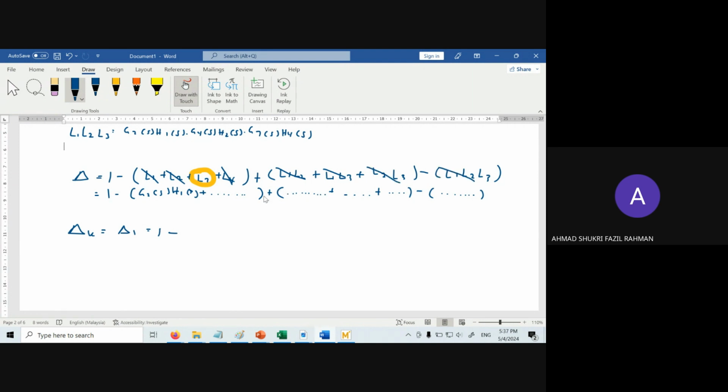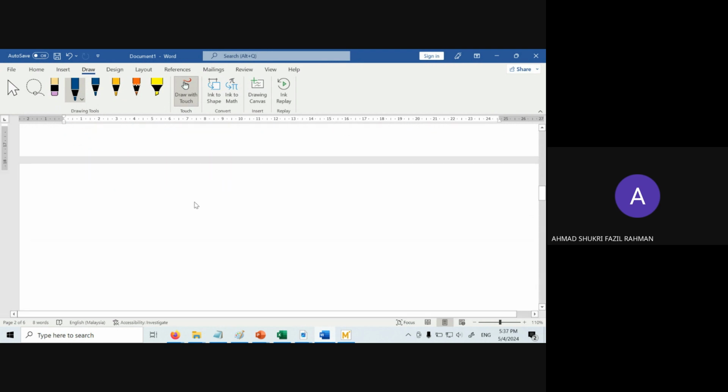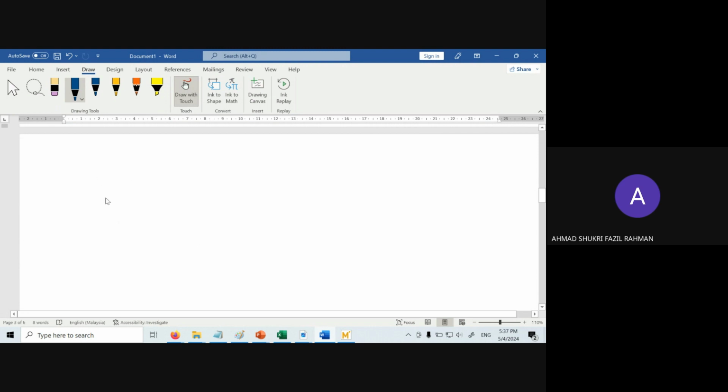So eventually we only have this value, G7S, and then multiply by H4S. So that one will be delta K. And then once you have completed, we can go on to complete the equation of finding the transfer function by using Mason's rule.